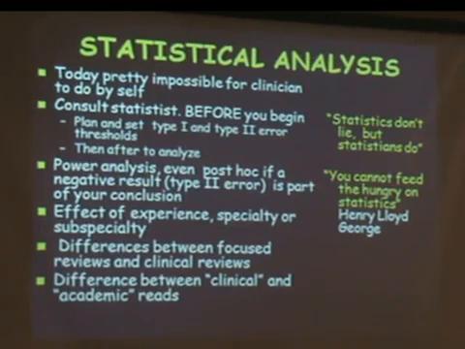Concept number 2. Anytime you say something was not statistically significant, you can't just say that. You have to prove the negative. We have very rigid criteria for you proving the positive. That's a p-value. But you have to prove the negative, and that's called a power analysis.